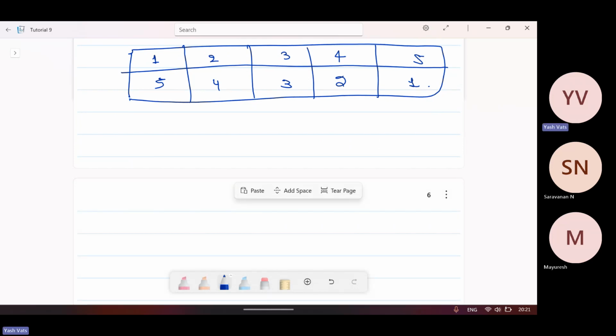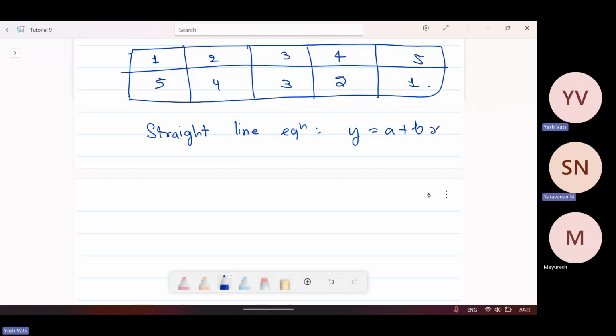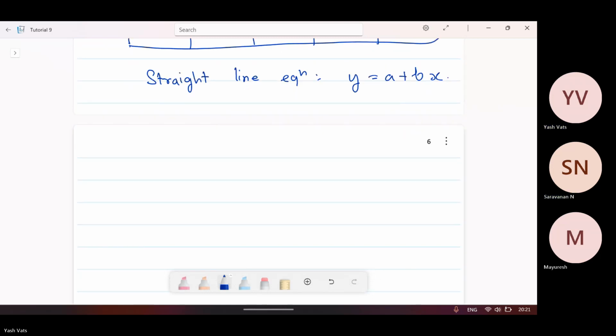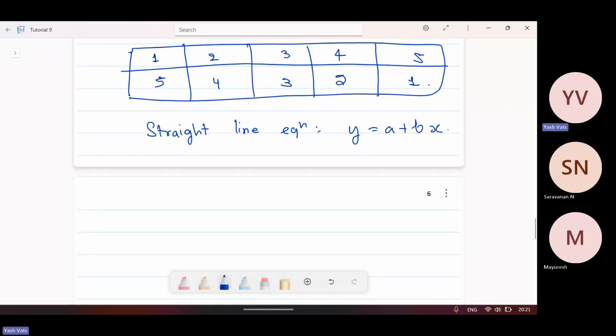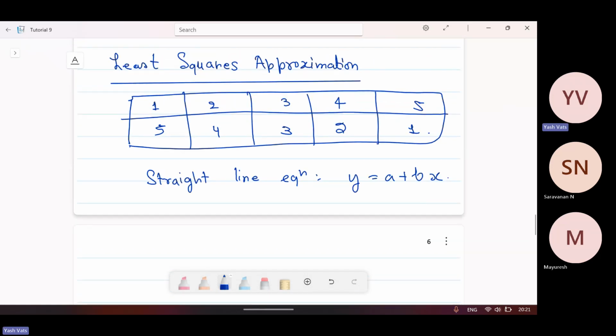So what is the straight line equation? Y equals a plus bx. Then what we have to do is calculate the sum of y. Here x is this and y is this.